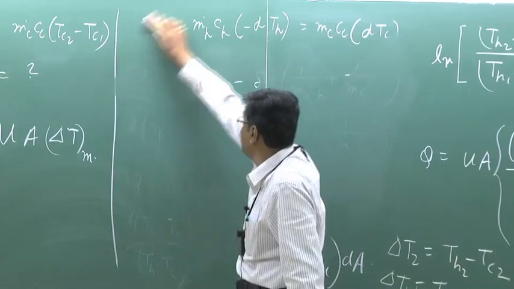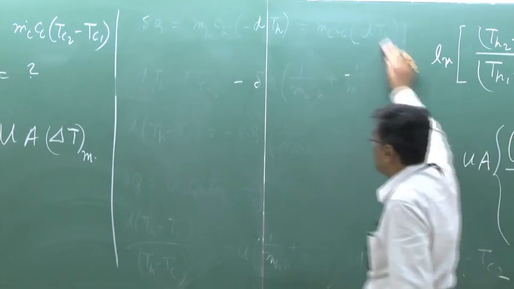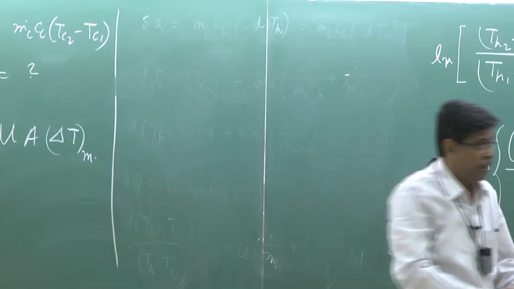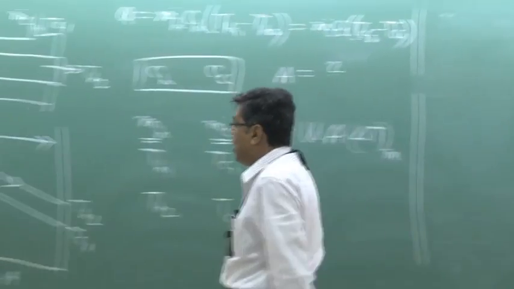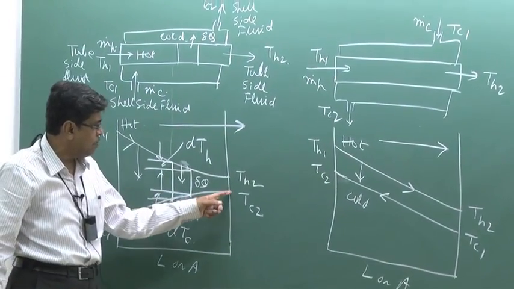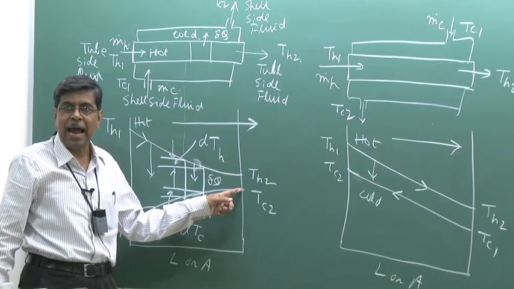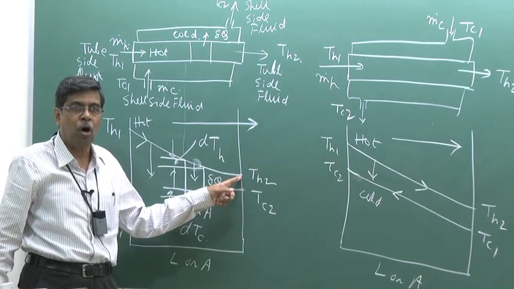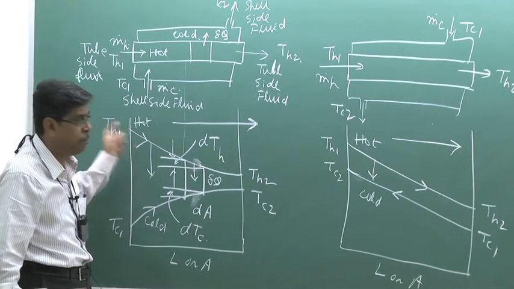I think you are intelligent, you can understand. Now the situation may come, two things you must remember. In a parallel flow heat exchanger, if it is infinitely long, this may be equal to this. Cold fluid outlet temperature can at best become equal to the hot fluid outlet temperature, I have told earlier, but not the hot fluid inlet temperature.